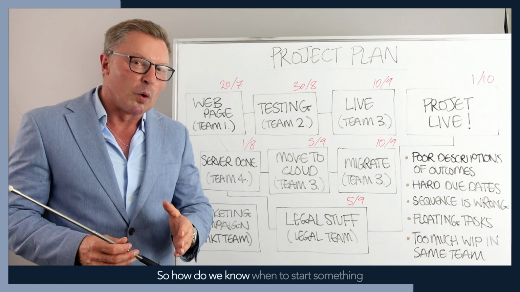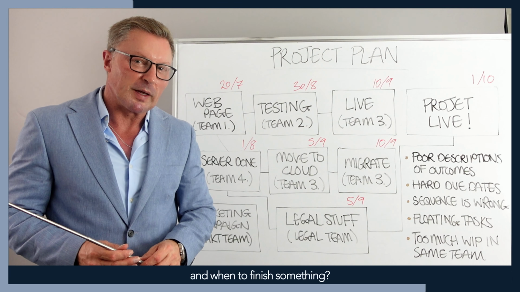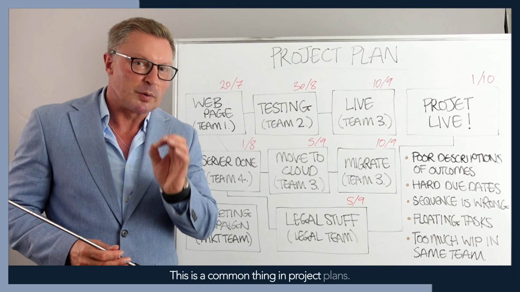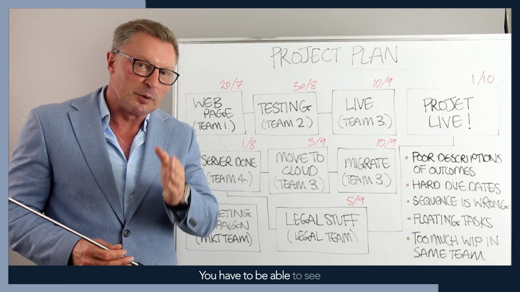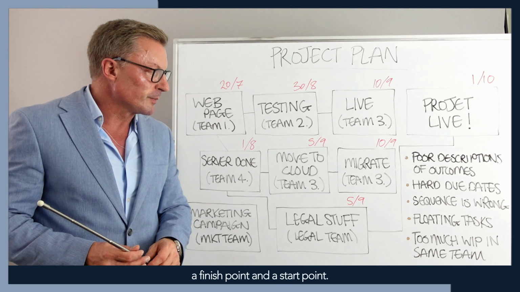So how do we know when to start something and when to finish something? This is a common thing in project plans. You have to be able to see a finish point and a start point.